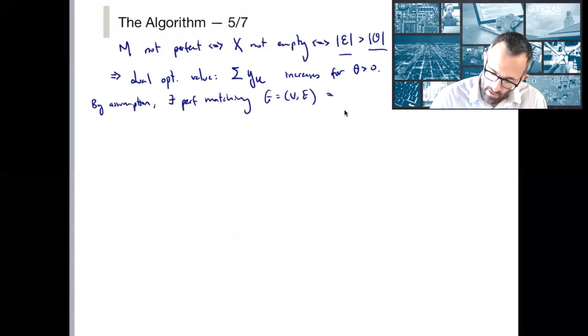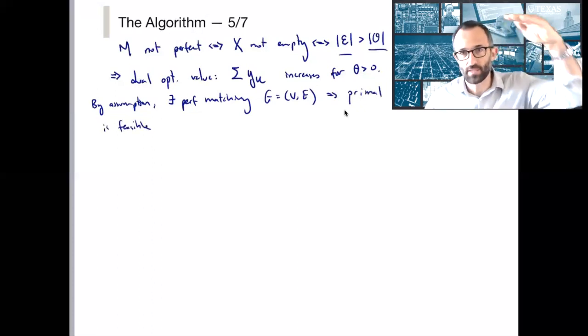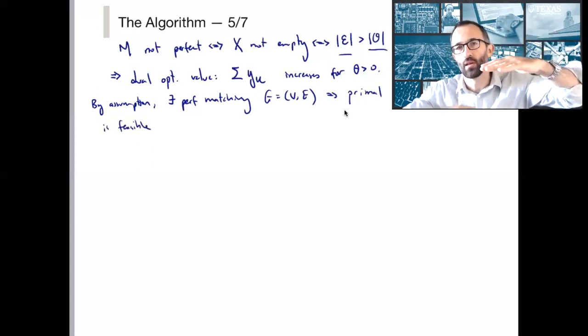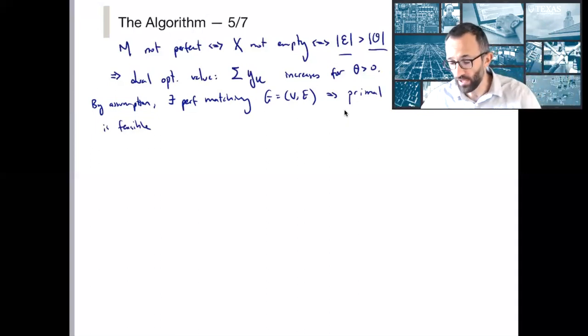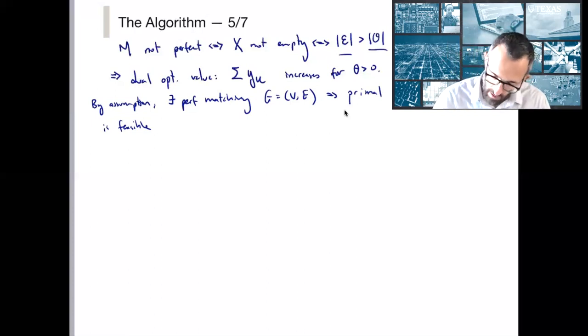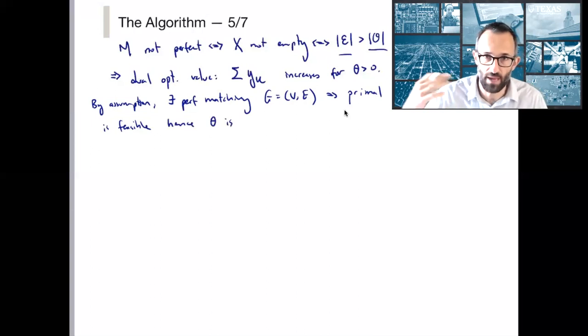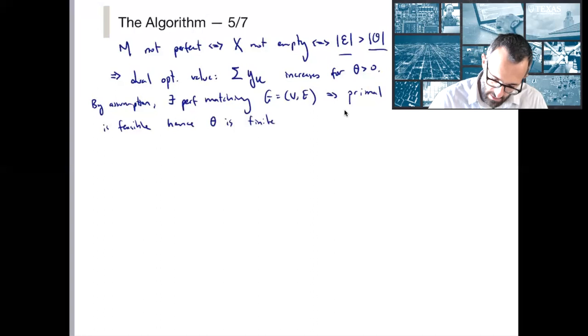So this means that the primal is feasible, and since the primal is a minimization, every primal feasible solution is an upper bound to any dual feasible solution, and therefore we know that we can't increase theta forever while maintaining feasibility. Hence, theta, and by theta I'm using the largest theta I can take, is finite, as the dual is bounded.